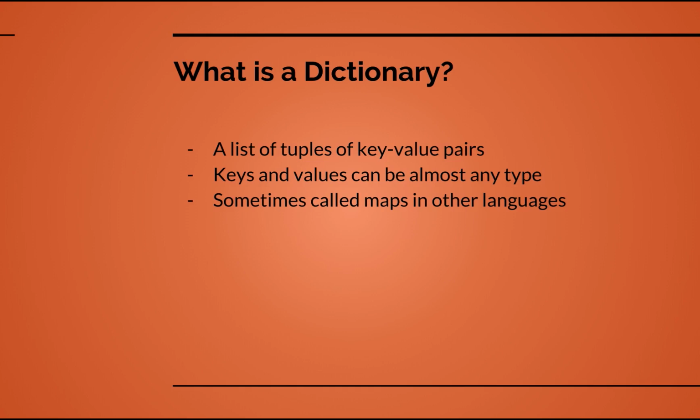So it might help to think of this very similarly to an actual dictionary used to define words, wherein each of the keys is the word that we're trying to define, and then each of the values is the definition. So I think that's where the name dictionary actually comes from, and it's often called a map in other languages because you're kind of mapping values to keys rather than to indices like with a list.